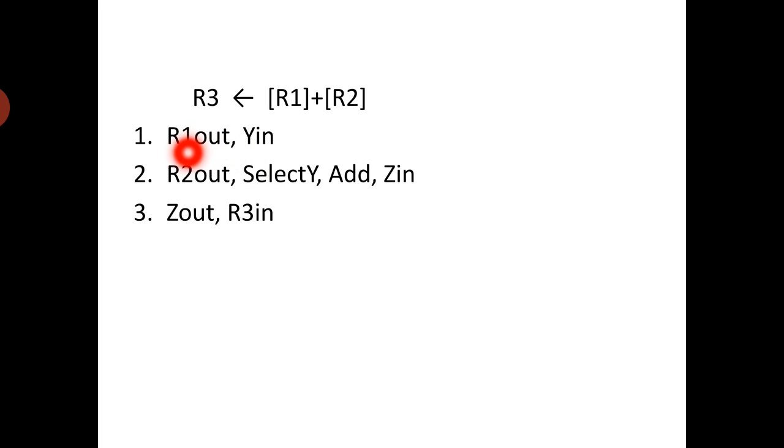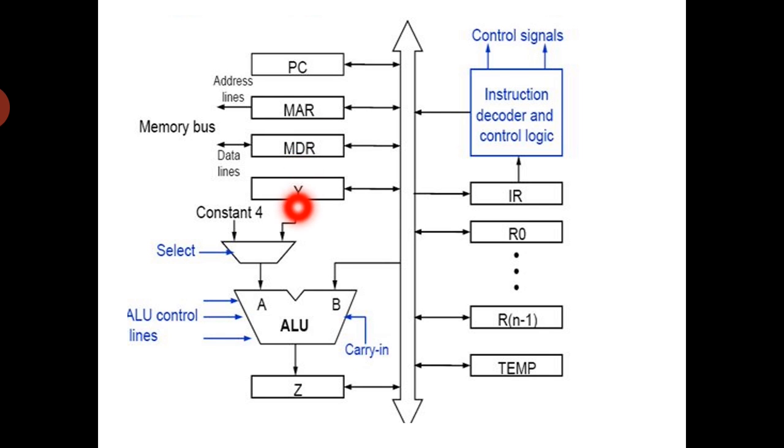So the data which is present in the R1 register is transferred to the temporary register Y. Now the content of R1 is stored in the Y register. The data present in Y is then transferred to the A input of the ALU.